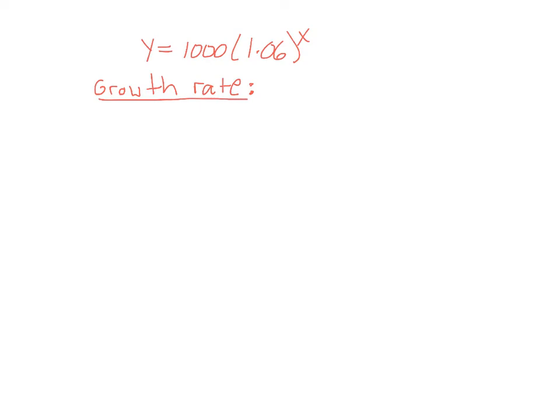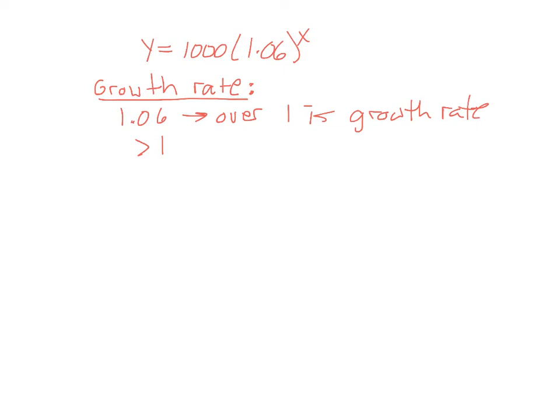The way I do it is I look at my common ratio, 1.06. I can see it's greater than 1, and anything over the 1 is the growth rate, because 1 is 100% of something, and 100% of something is just everything I have to start with. What I want to find is how much more is going to be added on.